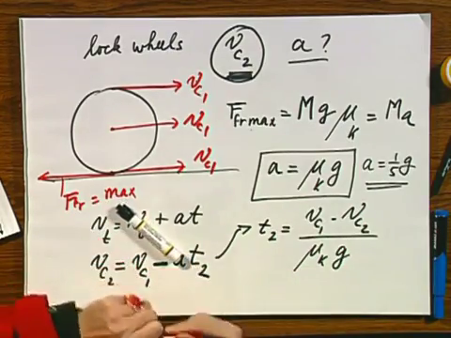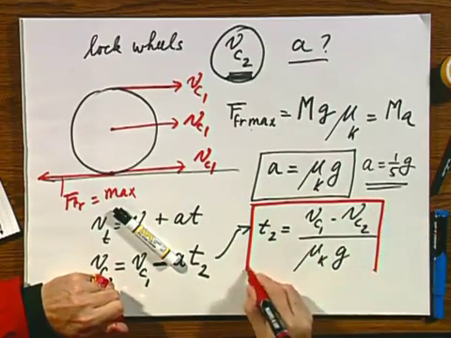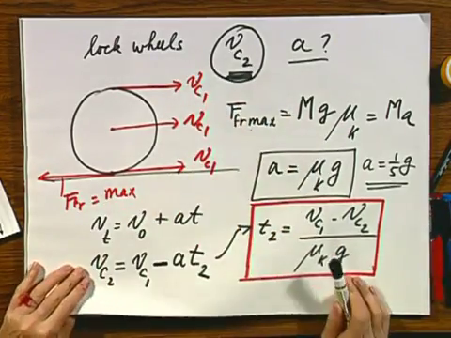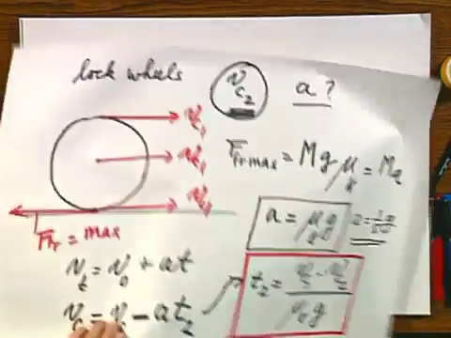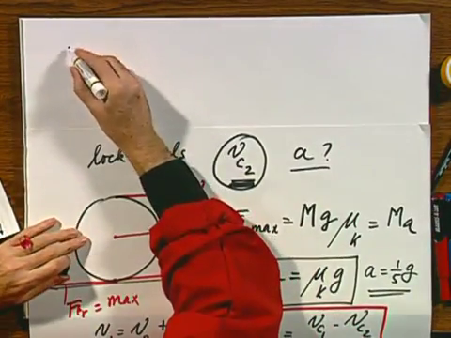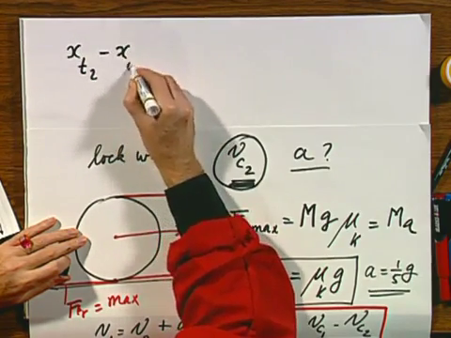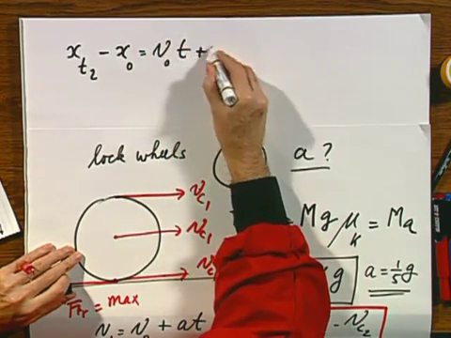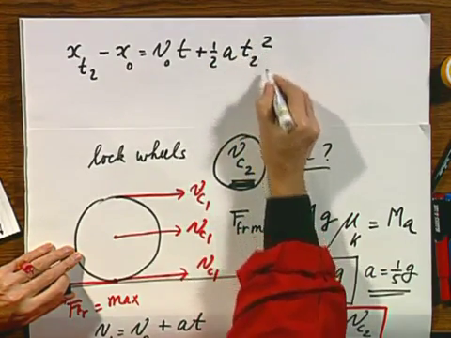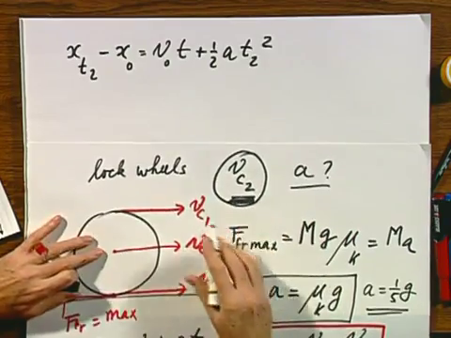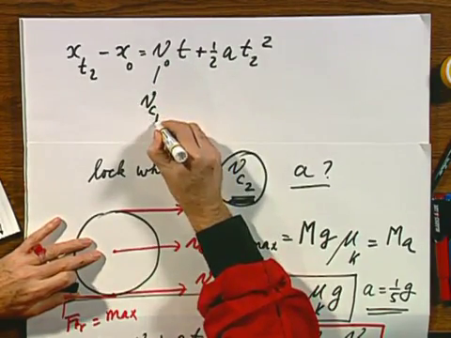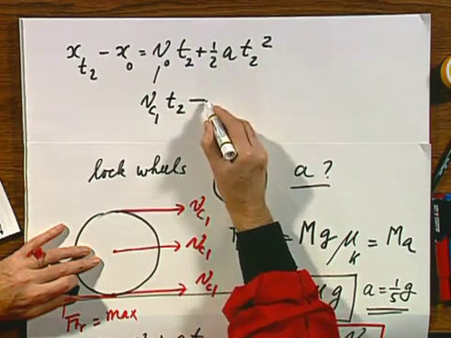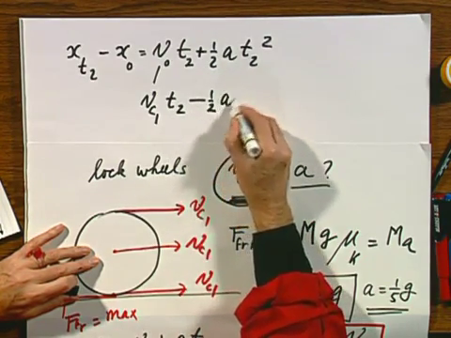So this is how long it takes for this car under the influence of this squeaking friction to slow down to this velocity. Now the question is, what is the distance traveled? Well, that's relatively easy now, because x at time t2 minus x at time t0, by the general equation which we had early in the course, equals v0 t plus 1/2 a t2 squared. This is the moment that we have reached this velocity. If we substitute the values that we have, this was vc1 times t2 minus, I'll put in a minus sign, 1/2 a t2 squared.